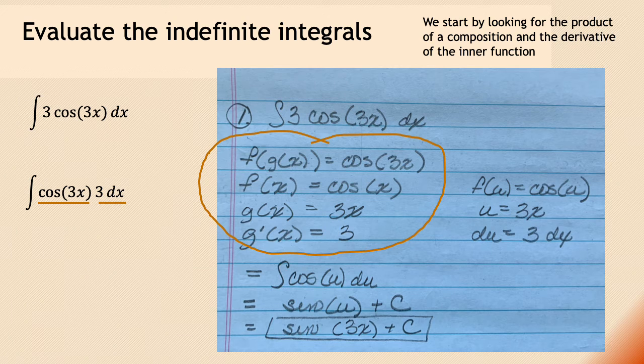So if we look at it as f of g of x, then we can see that cosine of 3x, the function f is taking the cosine of something, and the function g is the input, which is 3x. And of course, that inner function g of x is equal to 3x, and its derivative is 3. So everything lines up.